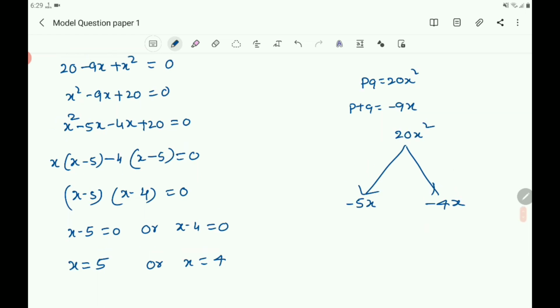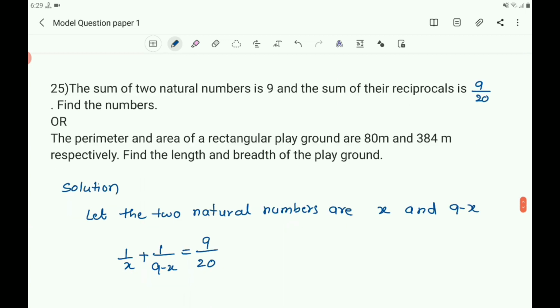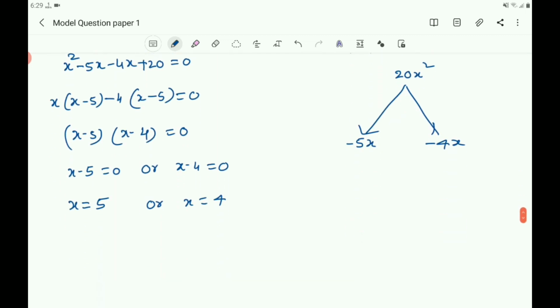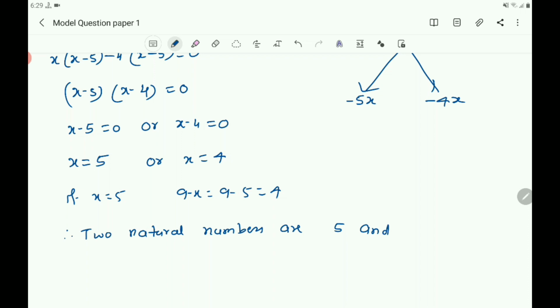So the two numbers, if you take x equals 5, then 9 minus x equals 9 minus 5 equals 4. Therefore, the two natural numbers are 5 and 4.